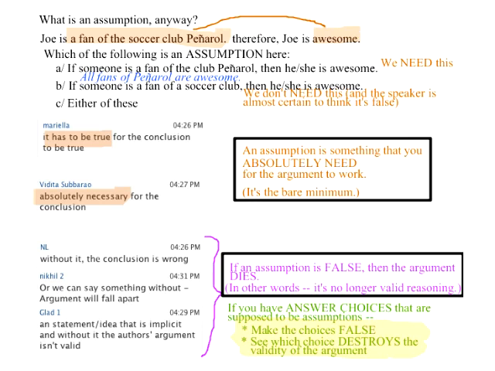So if A is false, this reasoning is dead. It doesn't work at all. I mean, that doesn't necessarily mean that Joe is not awesome, but it just means that we can't prove that he is with this particular reasoning anymore.